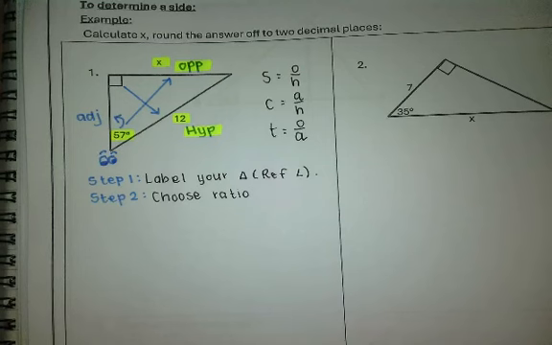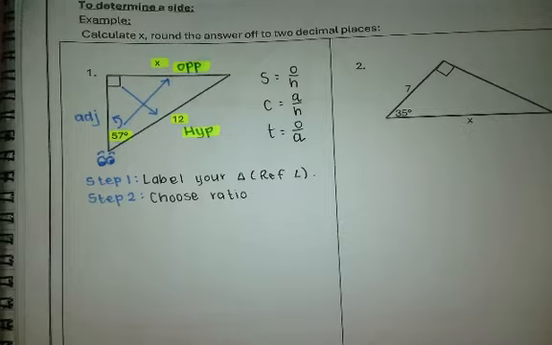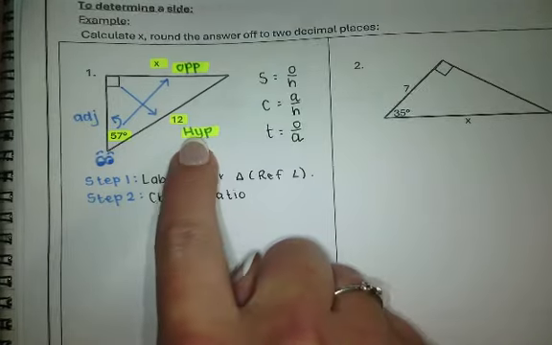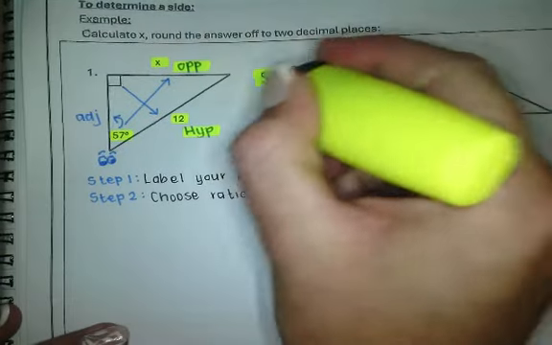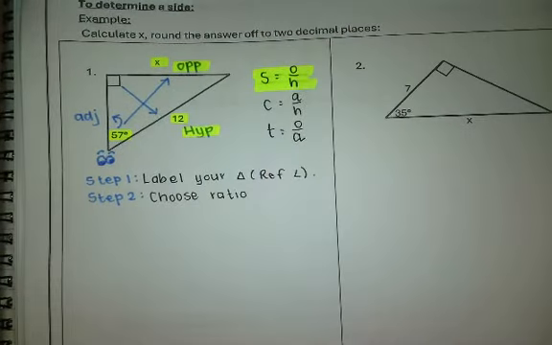Which out of the three ratios includes the two sides which are most important in this question, which is opposite and hypotenuse? So for this question, we're going to work with sin.